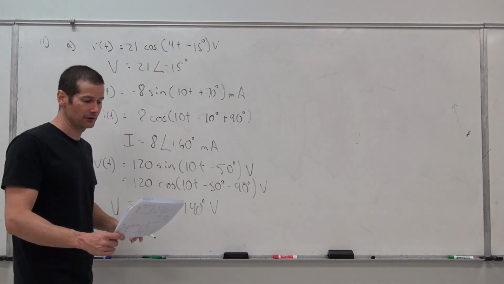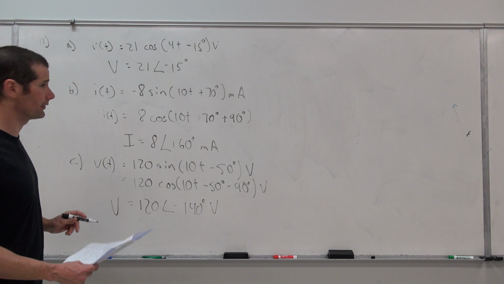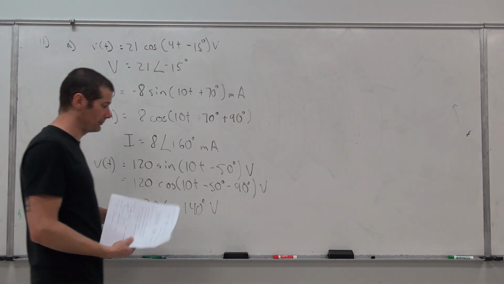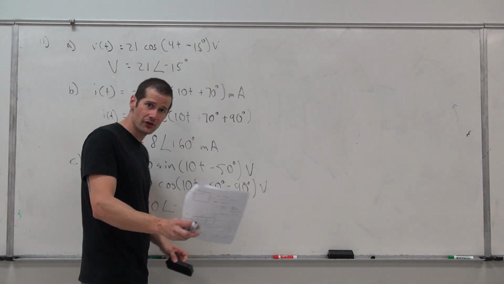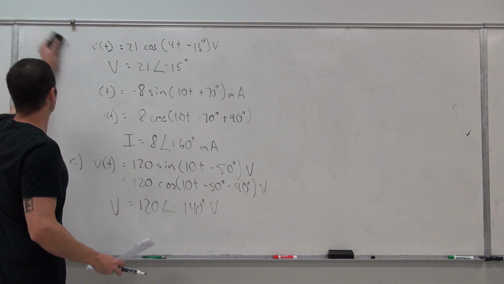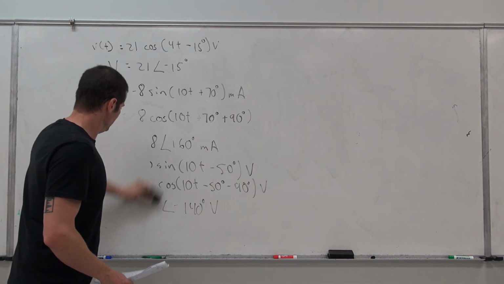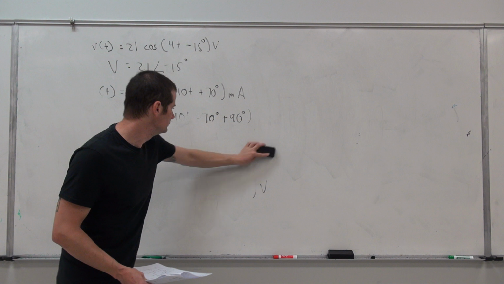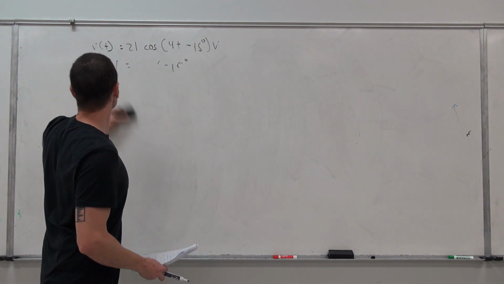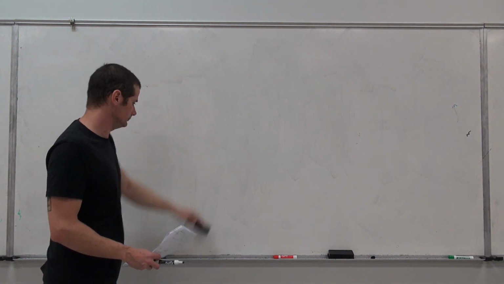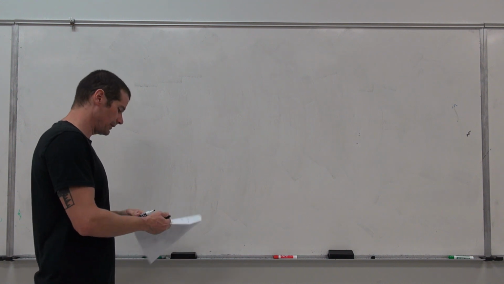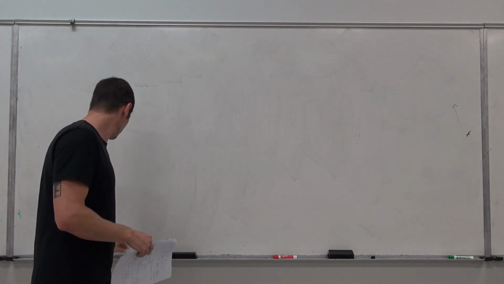So let's take a look here. Problem 35 is just a simple series circuit. This should have been super easy for you guys. Let's see if I can switch to a pen that is a little more visible.